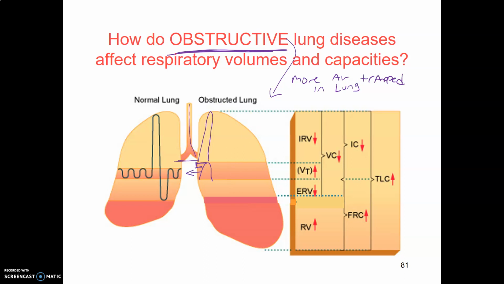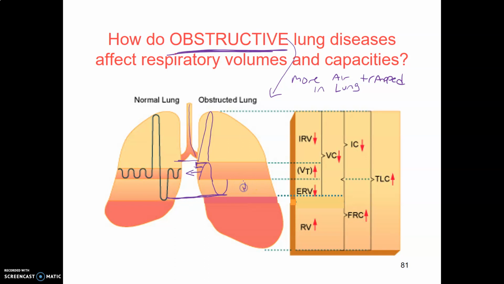Now, if we look at your ERV, here's your ERV. This would be your ERV compared, so this much of a difference, essentially.